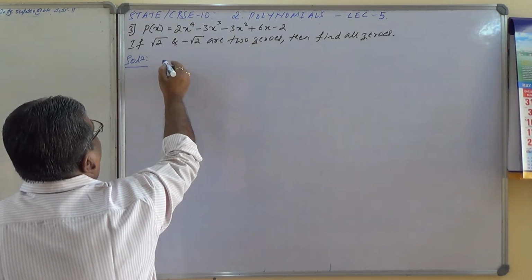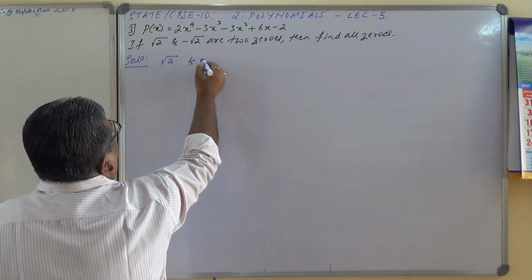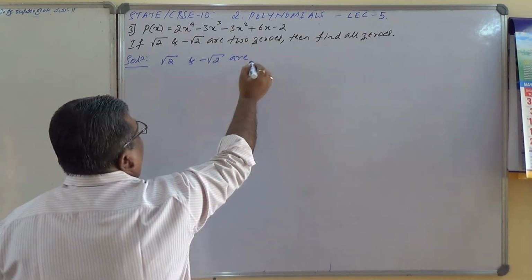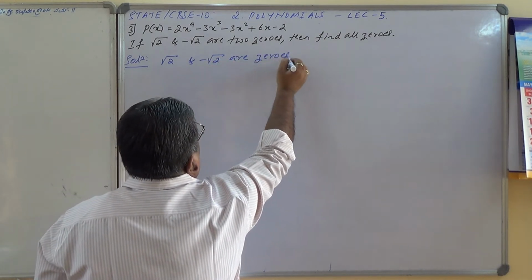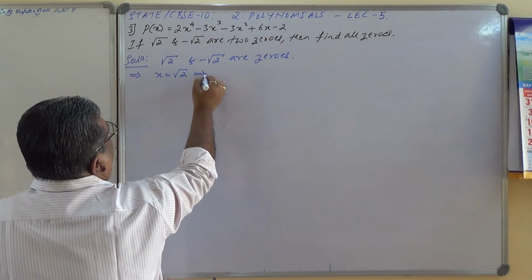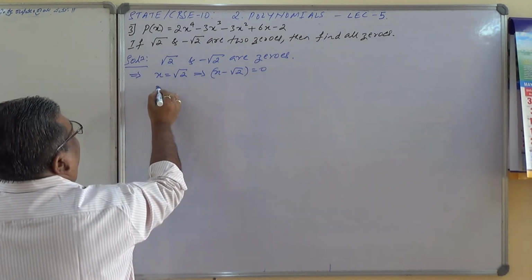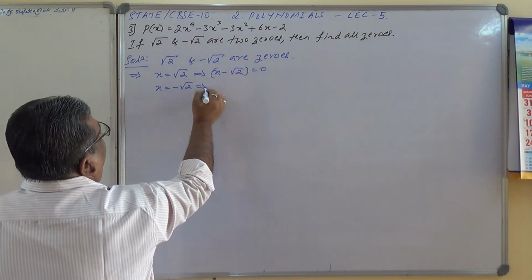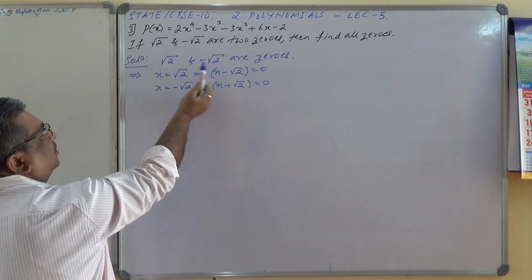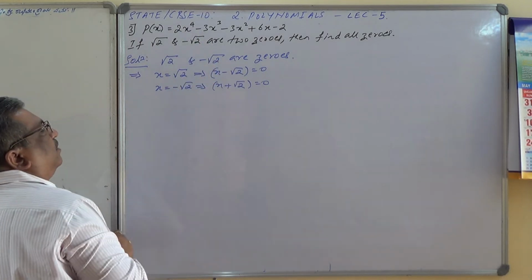Root 2 and minus root 2 are zeros, implies x equals root 2 implies x minus root 2 equals 0, x equals minus root 2 implies x plus root 2 equals 0. What are the roots here? The values of x, if substituted, the given polynomial reduces to 0, isn't it?